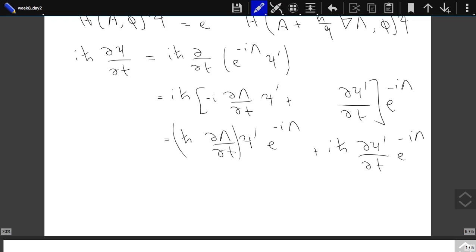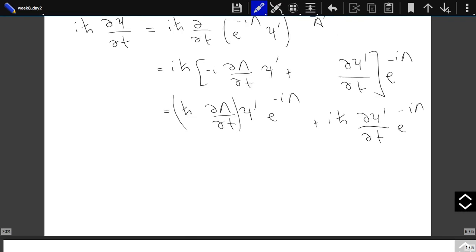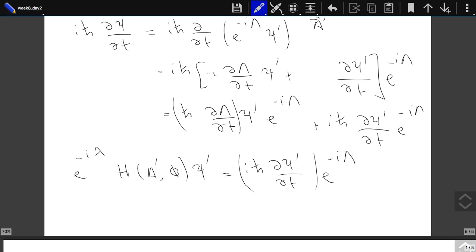We had already seen that, okay, this is our A prime, e to power minus I lambda, h with parameters A prime and phi acting on psi prime. This is equal to I h bar del psi prime by del t multiplied by e to power minus I lambda plus h bar del lambda by del t psi prime multiplied by e to power minus I lambda.